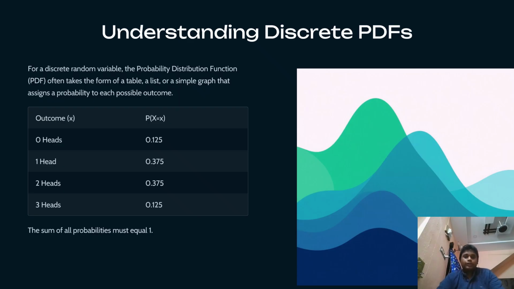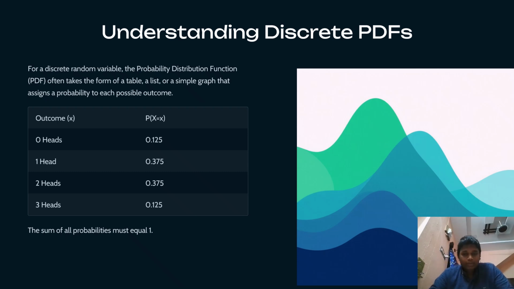For example, understanding a discrete probability distribution function. For a discrete random variable, the probability distribution function often takes the form of a table, a list, or a simple graph that assigns a probability to each outcome. Let's say we toss 3 coins. The random variable x is the number of heads.